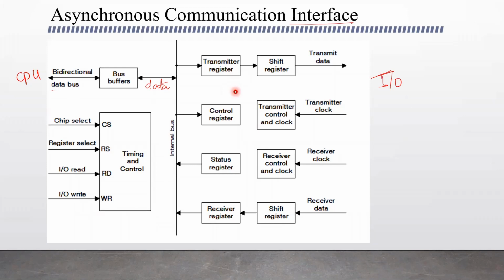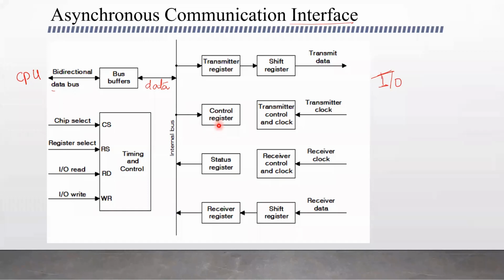So now, how are the operations done? Let's see the transmitter part of the interface, which transmits data from the CPU to the other unit. When the CPU wants to transmit data to another unit, first it places the control byte in the control register.